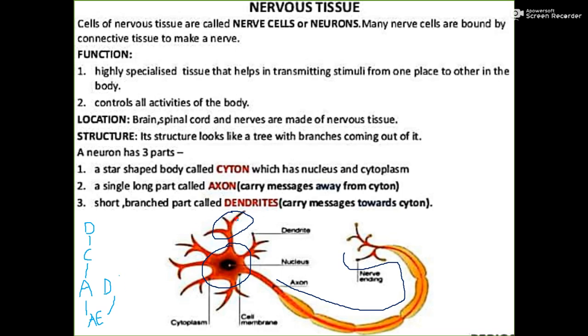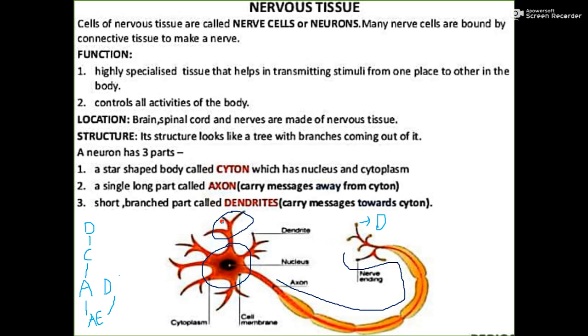So from dendrite to cytone, cytone to axon, axon to axon ending, and from the axon ending to another cell's dendrite. By this way the information travels one by one.